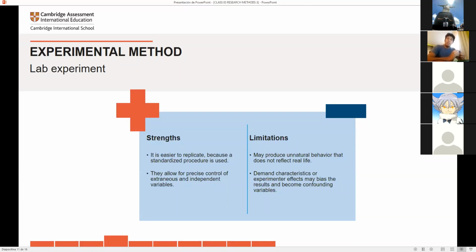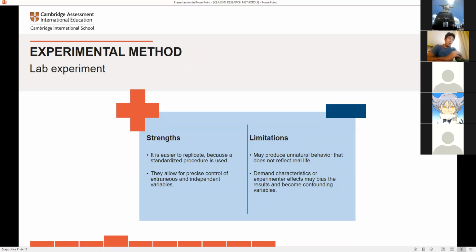They may produce a natural behavior that does not reflect real life. Yeah, for example, in the Milgram's case study, they controlled almost every variable that there was, and the pressure they put into the person in the experiment of obedience is, well, unnatural in a real environment, right?